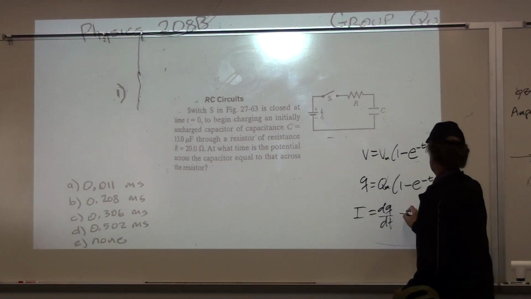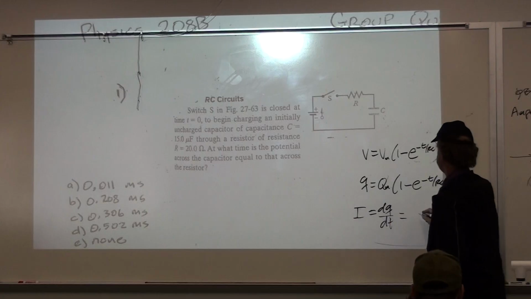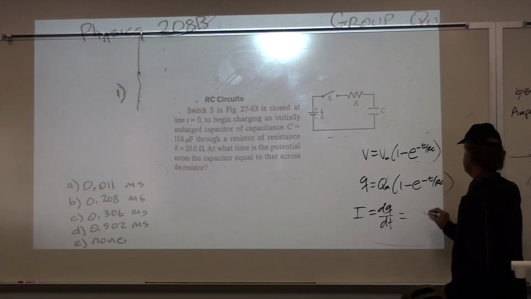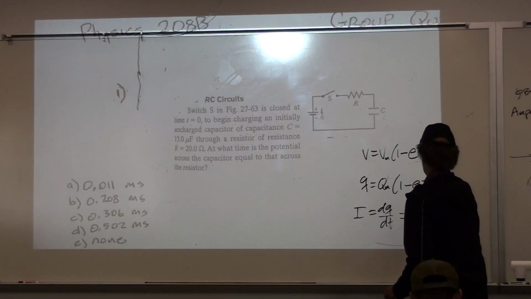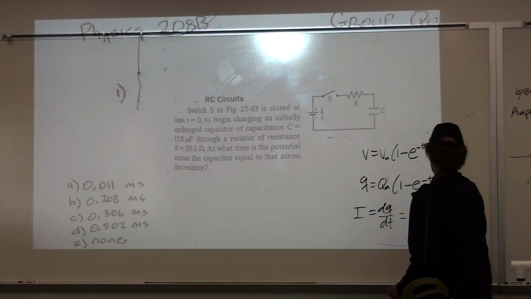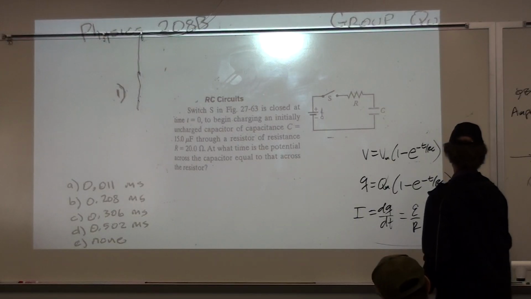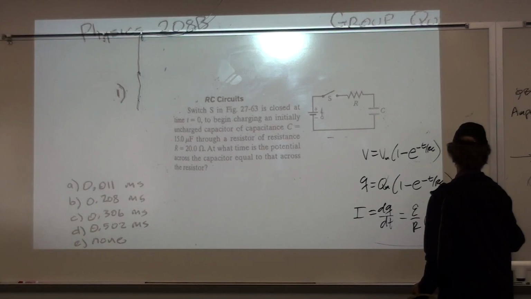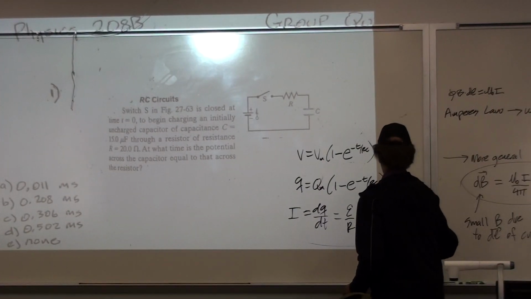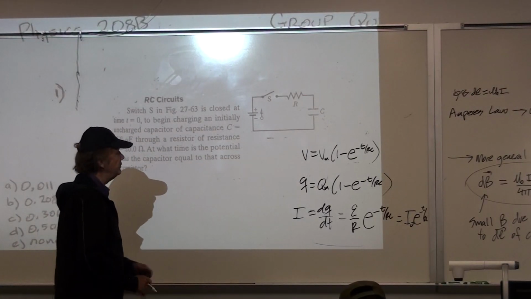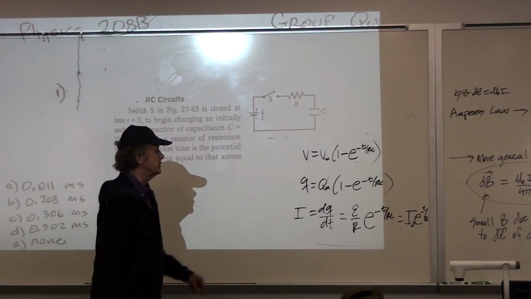So if we take the derivative of this with respect to time, we'll get E over R times e to the minus t over RC power, or I naught e to the minus t over RC. So that's the current as a function of time. It's just the derivative of our charge function.